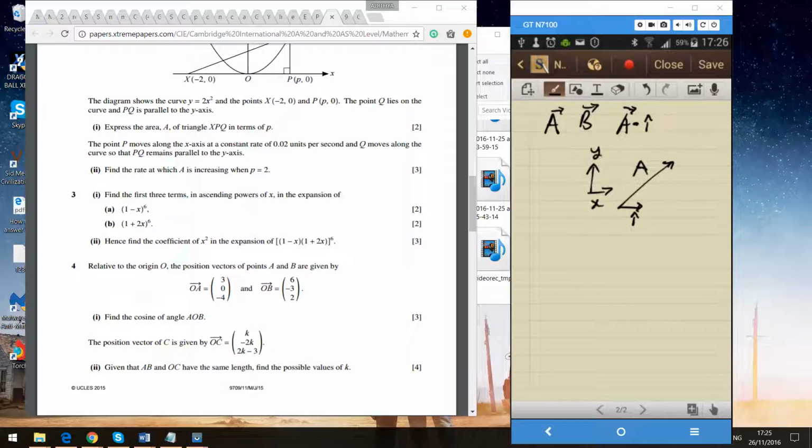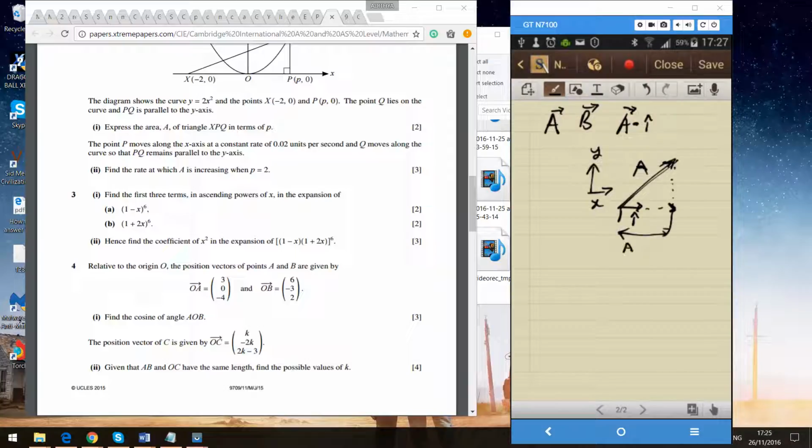The dot product of vector A with i here will give you the component of vector A on this axis, on this vector. So if you have a magnitude of A here, this length from here to here is simply A cos theta.